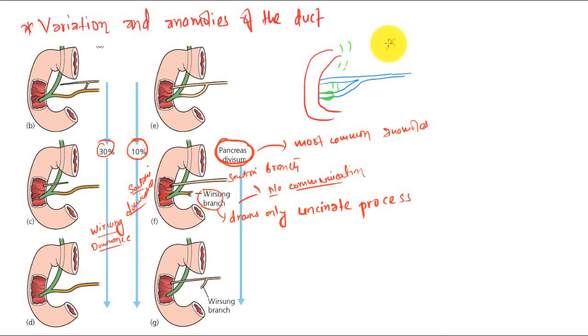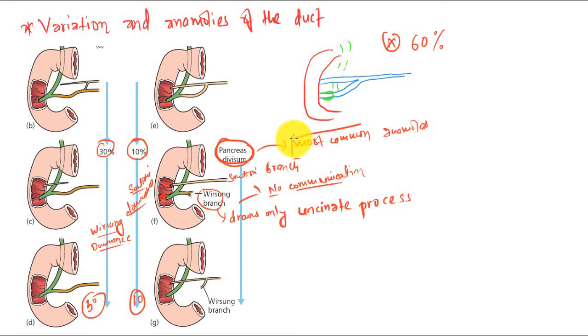Normally, in 60% of cases, there is a major pancreatic duct draining most of the pancreas, and there is an accessory pancreatic duct doing less work. In 30% of cases the Wirsung branch is doing all the work, and in 10% of cases the Santorini branch is doing most of the work.